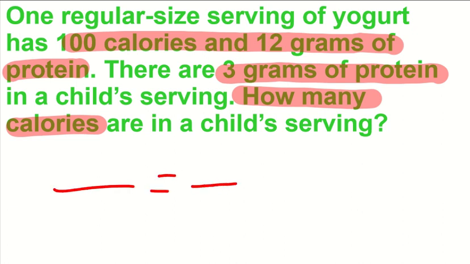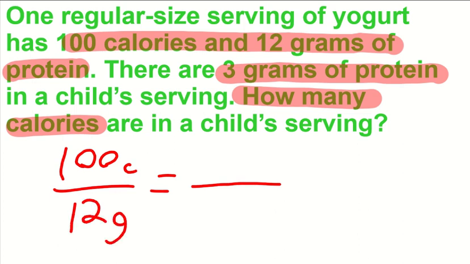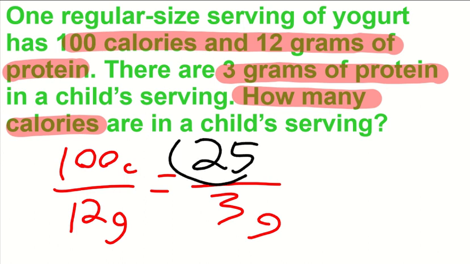So when we set this up, we got 100 calories, 12 grams of protein, 3 grams of protein, and we're trying to find the calories. So we do 3 times 100 divided by 12, and like you said, that gives us 25.